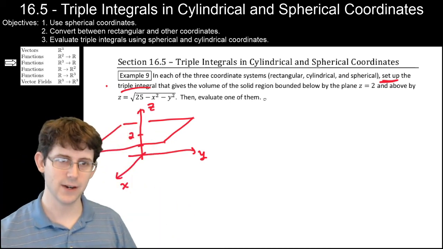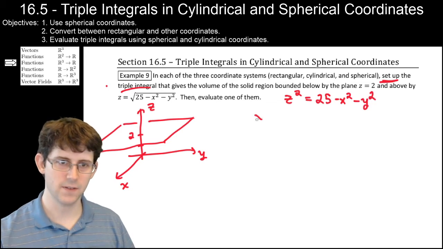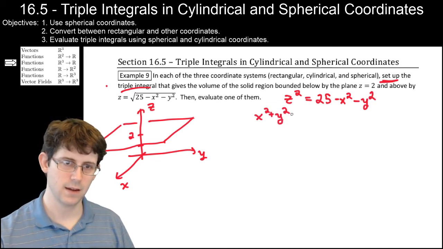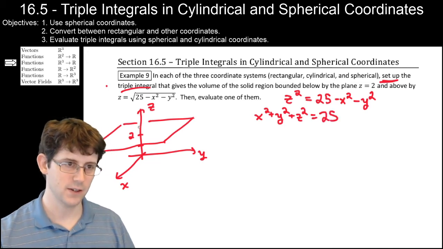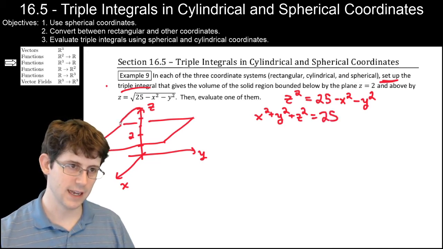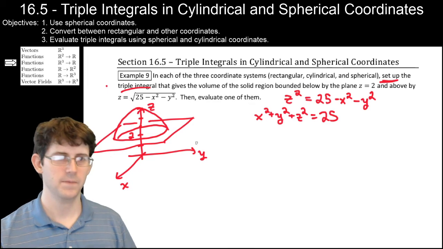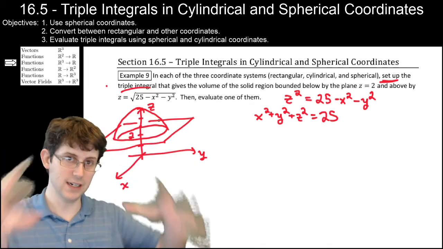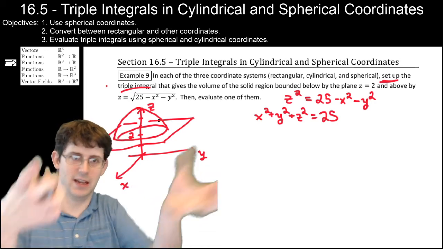In order to figure it out, I'm going to square both sides just to try to get the right picture, and then add everything over. That's a sphere of radius 5. So you go up to 5, and you'll have a sphere like this. So the region is a sphere where you've just sliced off the top of the Earth and you go like, here you go.